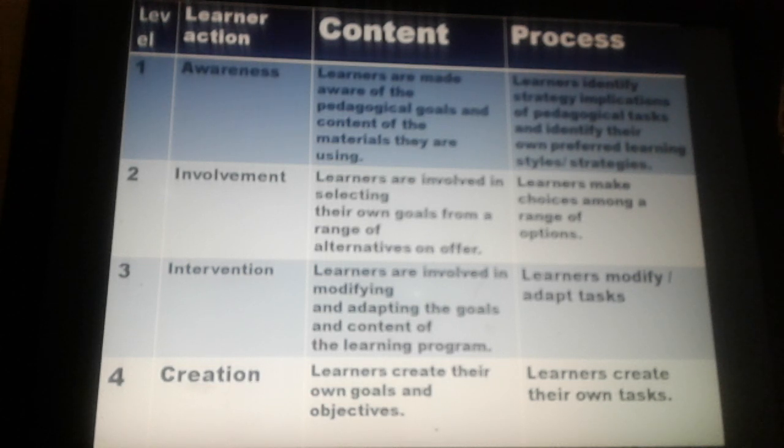Level 4, which is creation. Learners create their own goals and objectives. Learners create their own tasks.